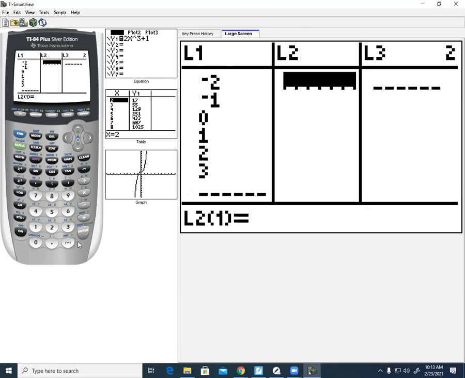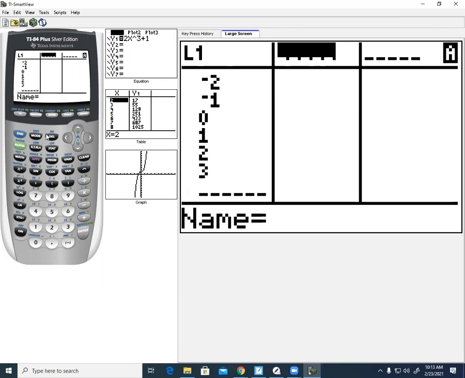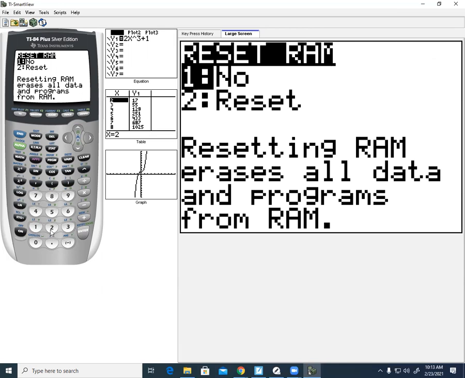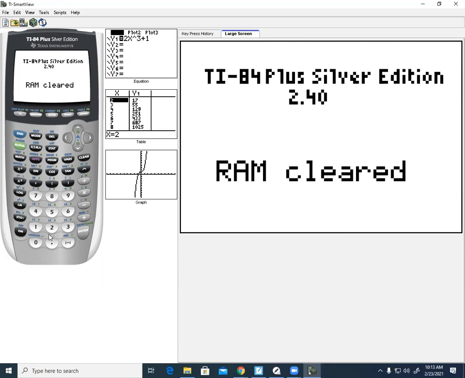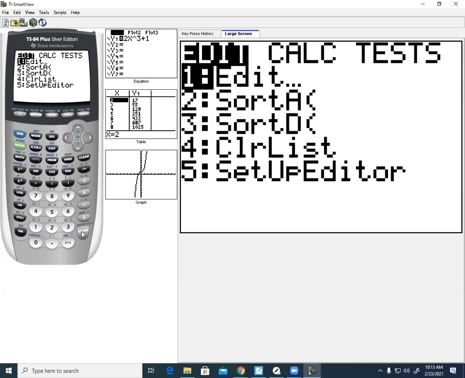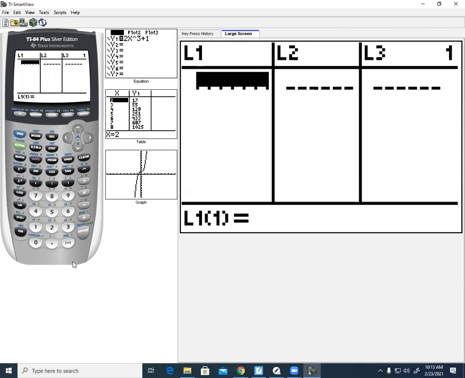The only issue is if you go up there and accidentally hit the delete button, look at all of my columns right now. Now things are changing and it's going to get bad. If you end up doing something like that, just reset your calculator and it'll bring everything back to normal. Your stat button should be back to normal and everything should be okay. Most of the time when I want to clear something, I just reset my calculator anyway. It's probably faster.